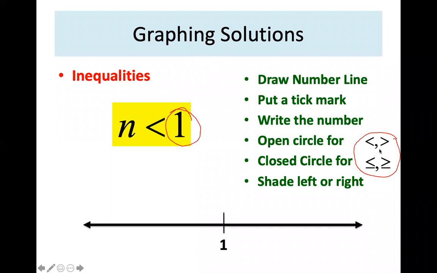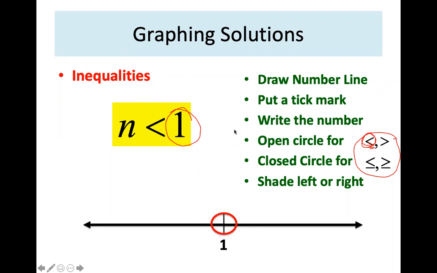So this one looks like this one right here. So it says put an open circle. And remember, an open circle means that that number 1 will not make this true. 1 is not smaller than 1. If it was a closed circle, for instance, if it was less than or equal to, well, 1 would make that true. So this circle would be, in fact, shaded or closed. But in this case, it's not.